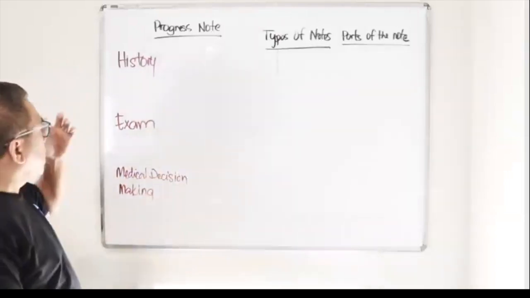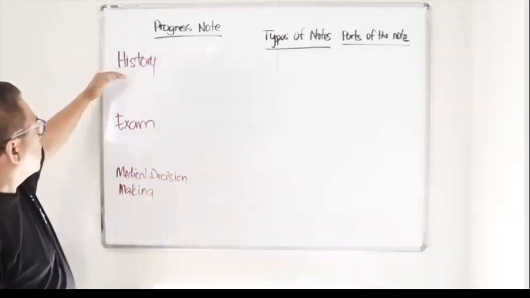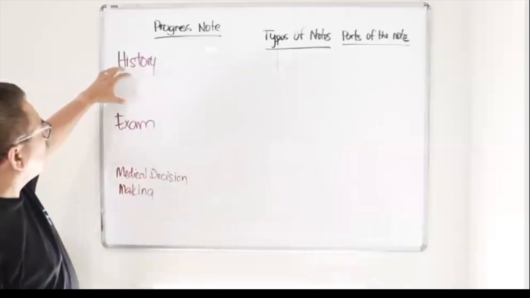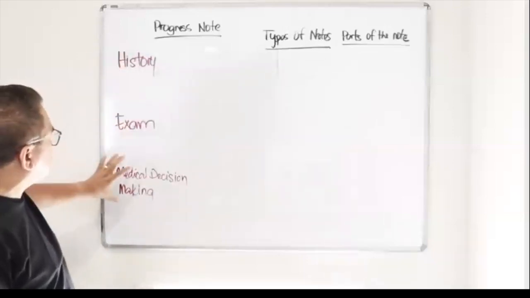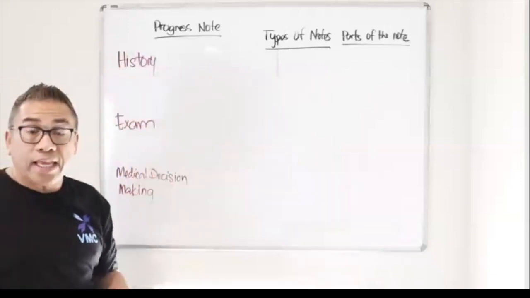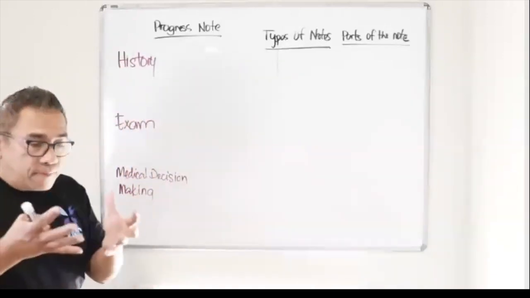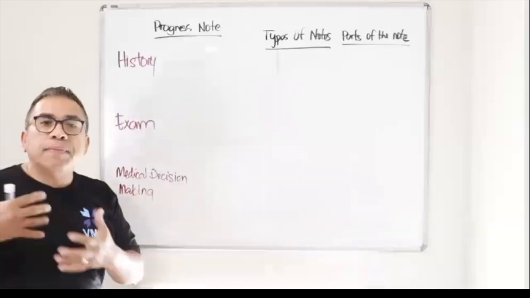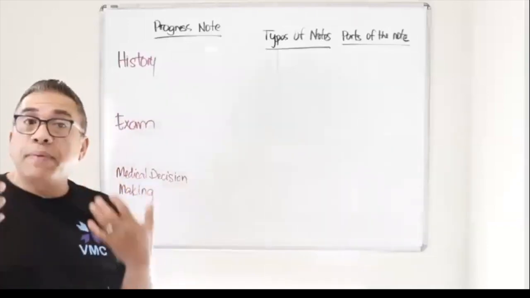So you have the history here, you have the exam, you have the medical decision making. So let's understand what are these different components here. What do they contain? Okay, what are in these components that you typically find in a patient chart?